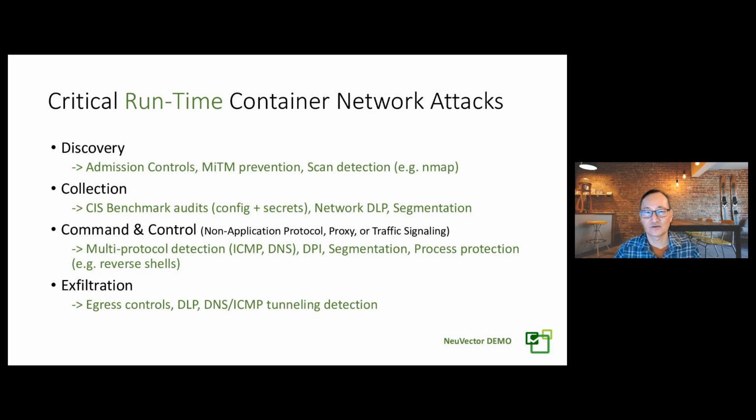You can filter very easily on namespace or pods if you have a very complex environment. And you can do specific actions such as see all of the network sessions that are active, initiate PCAP packet capture sessions, change the protection mode, and even quarantine this container if it's looking suspicious.